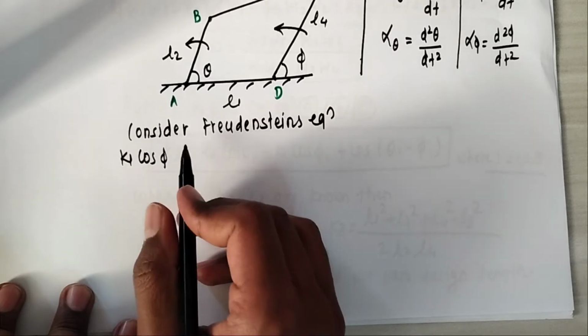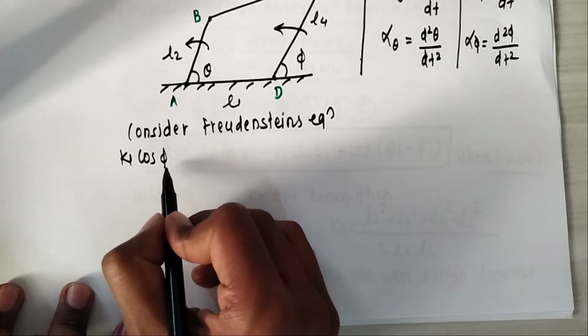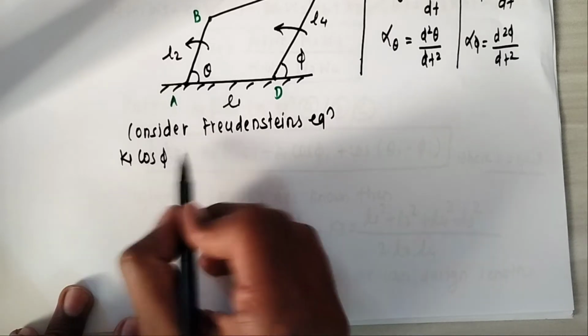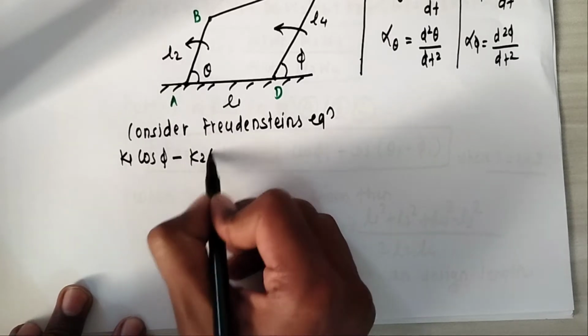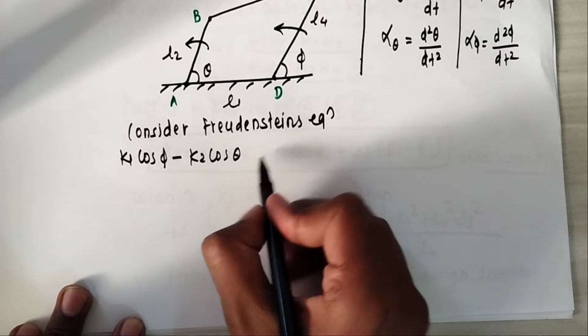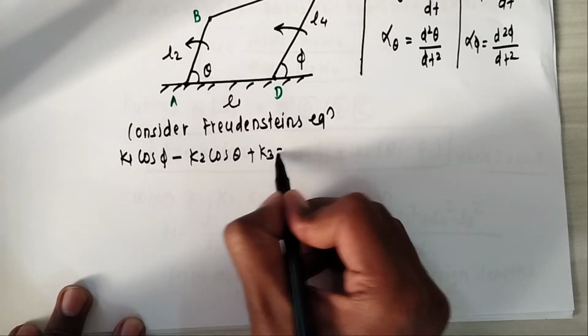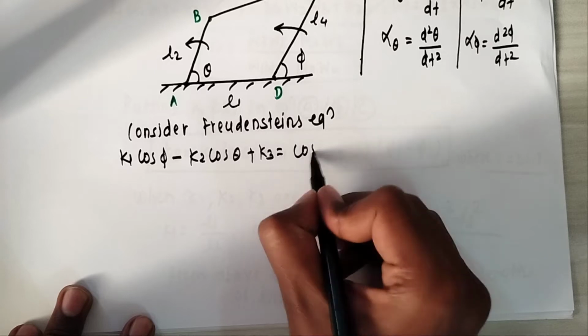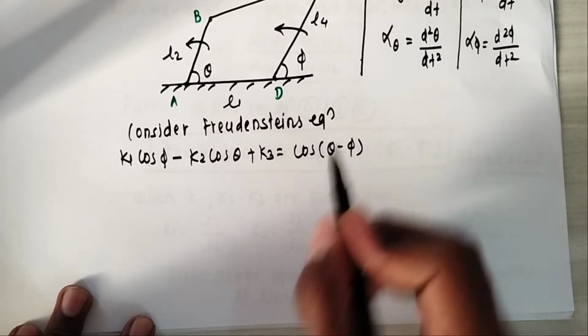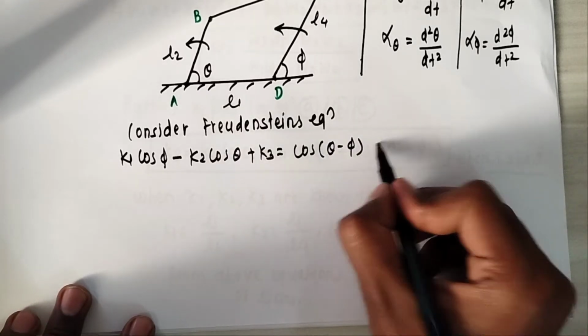You may notice here I have not considered any precision position 1, 2, 3. I have written only phi. k1 cos phi minus k2 cos theta plus k3 is equal to cos of theta minus phi. So let's consider it as equation number 1.